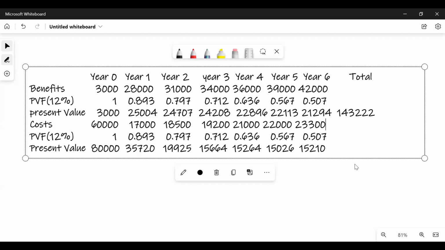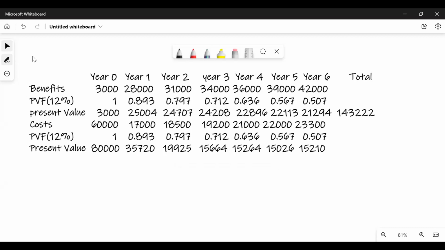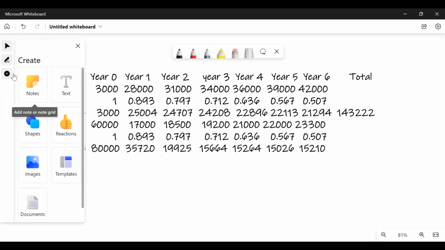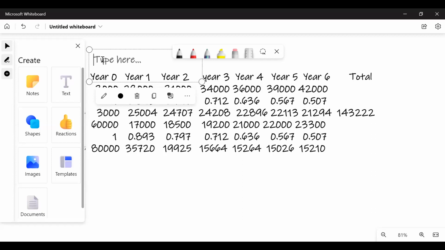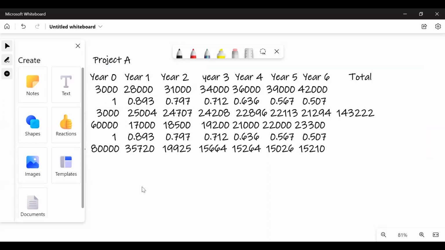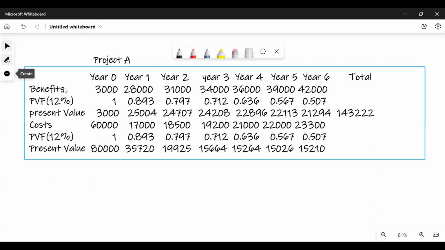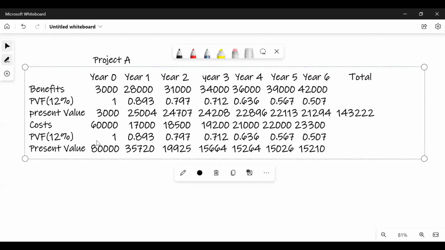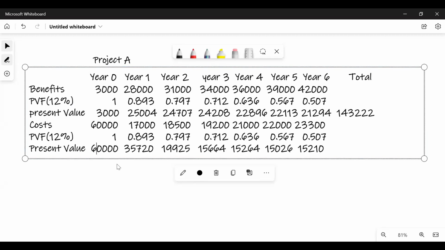Okay, so that was a mistake. Remember, we are discussing project A. So we have to consider both cost and benefit for project A. So I have changed the mistake from here.